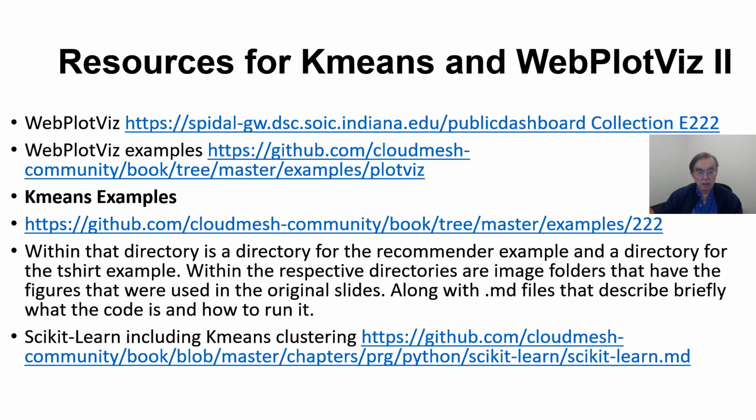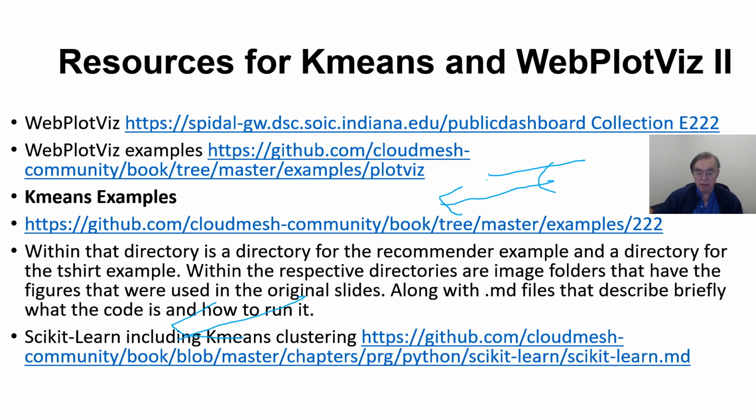Now we just finished this slide set with a set of resources. So here is the collection of the WebPlotViz resources, the k-means examples, all defined in GitHub. Here is a place where we have the scikit-learn versions of k-means.